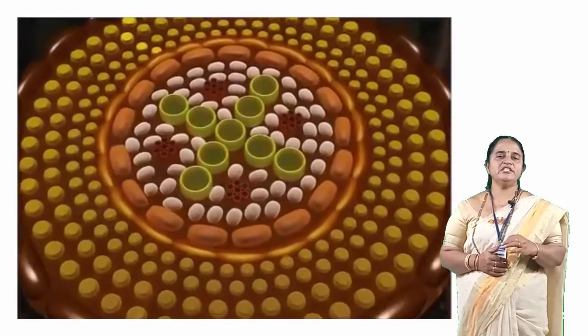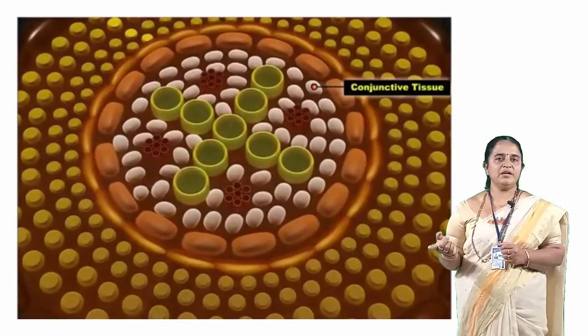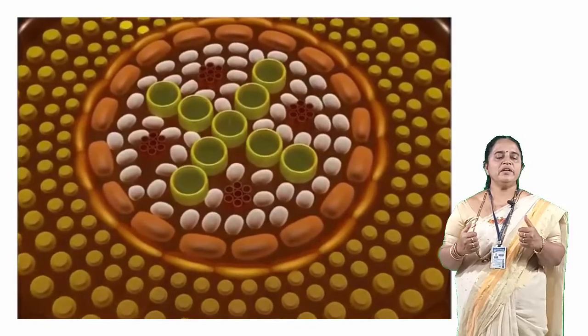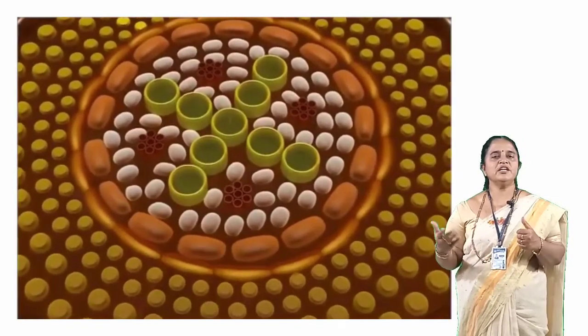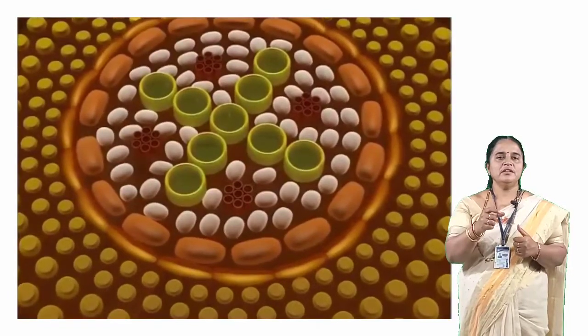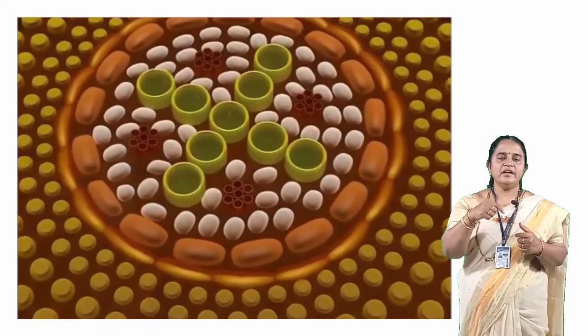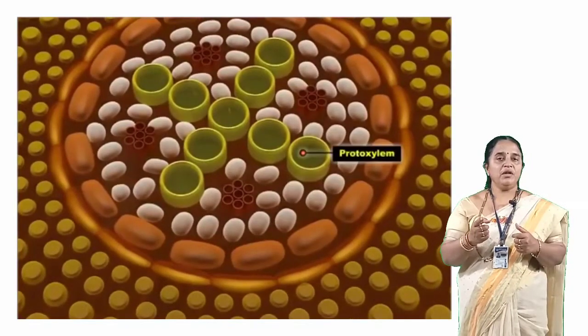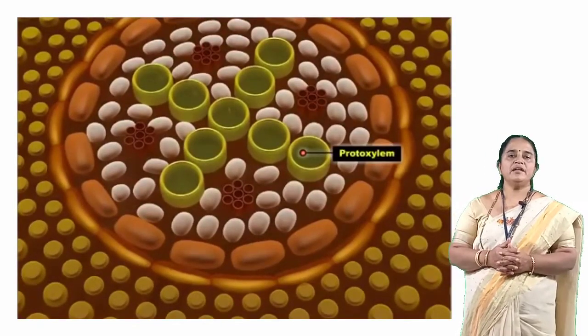So this kind of arrangement we call radial vascular bundles. In between xylem and phloem, there are medullary rays, also known as conjunctive tissues. These are extensions of pith, or the central portion called medulla. Pith and medulla are composed of parenchyma cells.